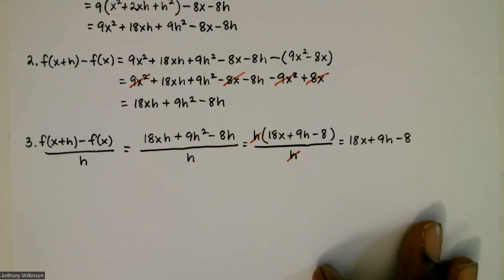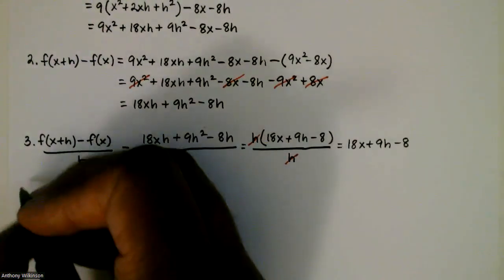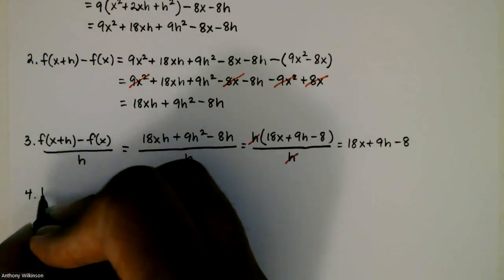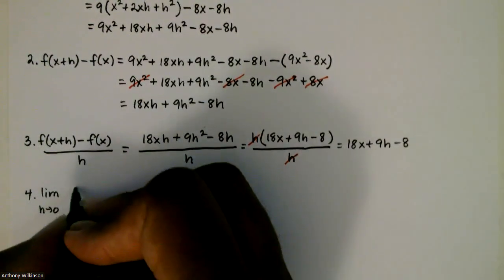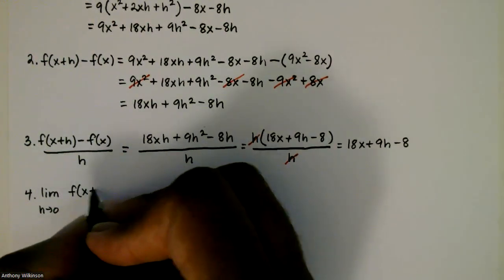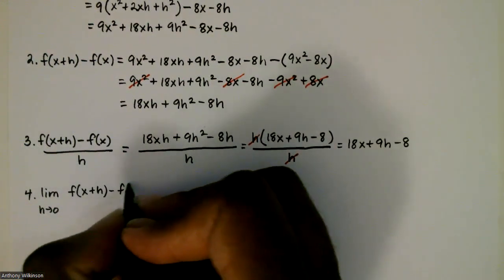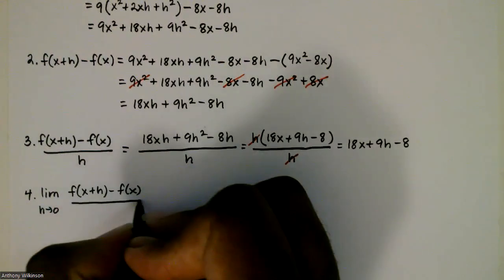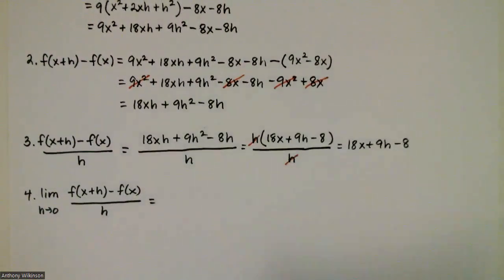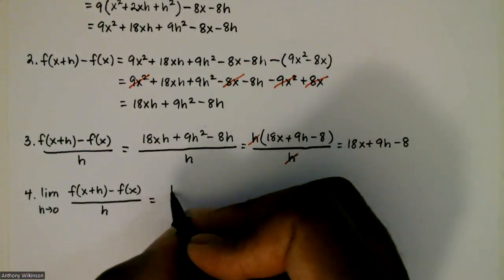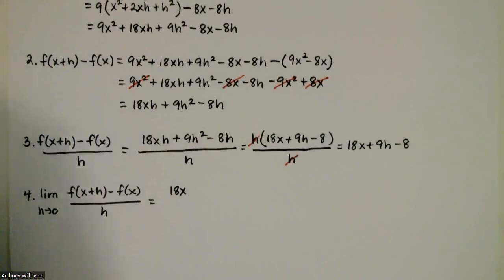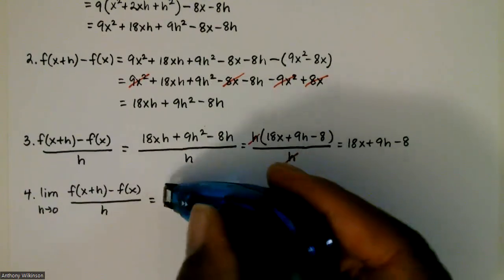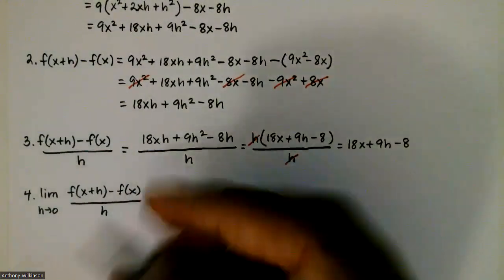So that was step number 3. Here's step number 4. You have to take the limit as h approaches 0 of f of x plus h minus f of x, all that's divided by h. So we have 18x. Well, you have to put the limit symbol first, the limit notation. You can't leave that off.